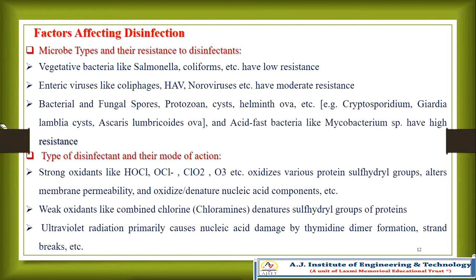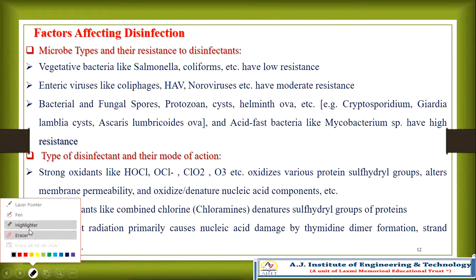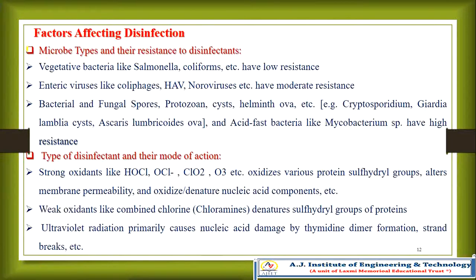So now if we come back to the factors affecting disinfection, what are the factors that affect our disinfection? The first factor is microbe types and their resistance to the disinfectant.